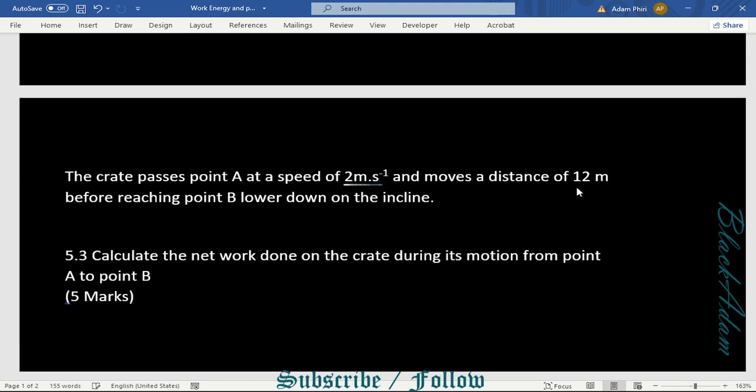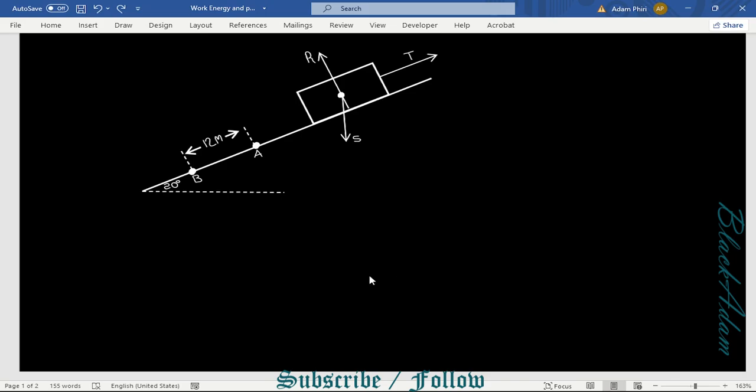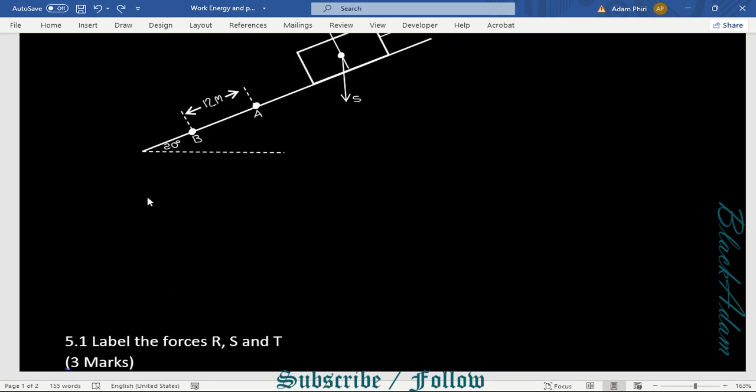Now we have information. The object reaches point A with 2 meters per second and travels 12 meters. Let us get the data first.